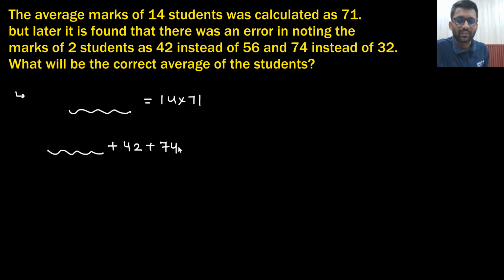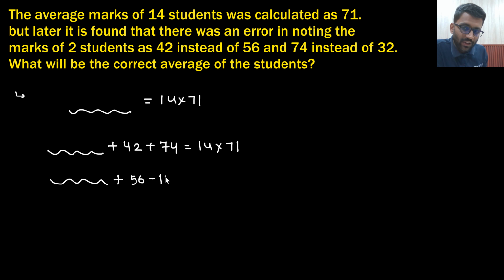What will be the correct average? What you have written was equal to 14 into 71. But what were the actual marks? This guy actually got 56 marks, but you have written 42, so 56 minus 14 should be written.